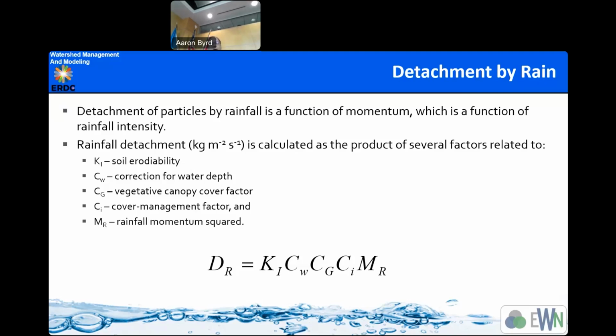On the other part, K, C, C defined there, these are again coefficients or empirical, parametric values. Sometimes we can compact all these into one and apply that. But how it applies is whether there is more canopy or not.